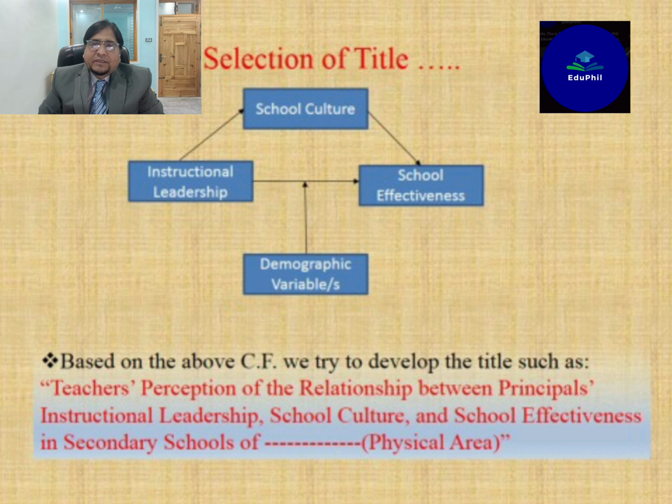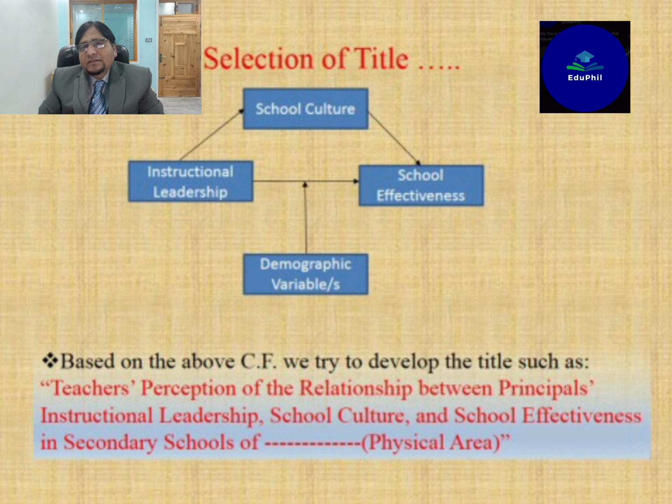As a next step, you should check in the literature review which factors are affecting the school effectiveness. For example, some external factors such as family background of the students or the teachers, their political affiliations or distance to school, etc. And some internal factors, for example, school environment, school culture, or other factors.